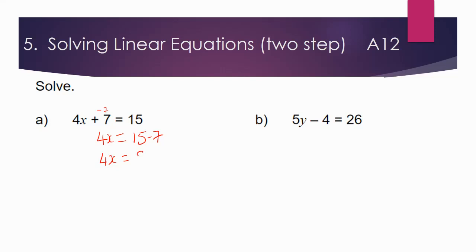So 4x equals 8. So 4's into 8, x is 2. 5y equals, so we would need to add 4 to get rid of it from this side. 5y equals 30. 30 divided by 5.